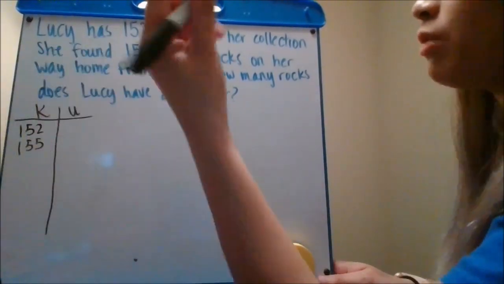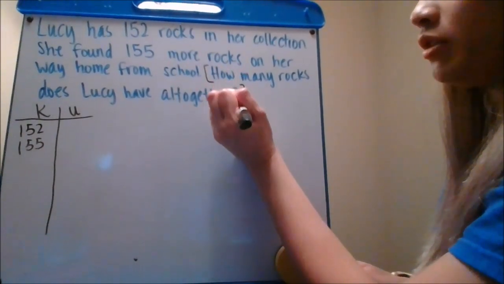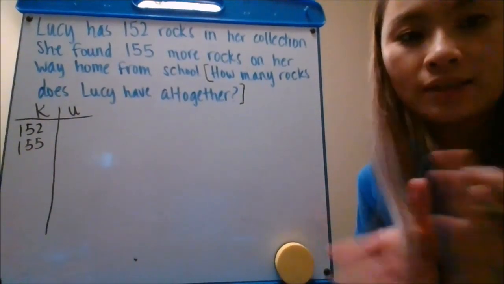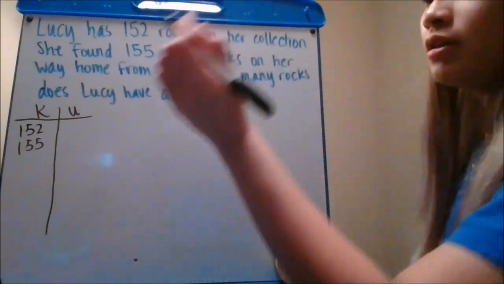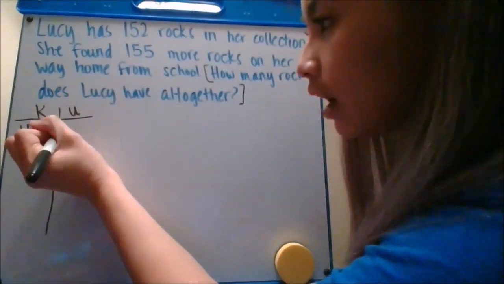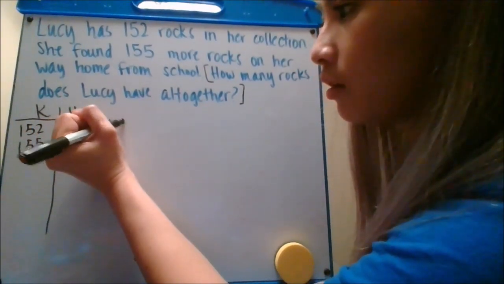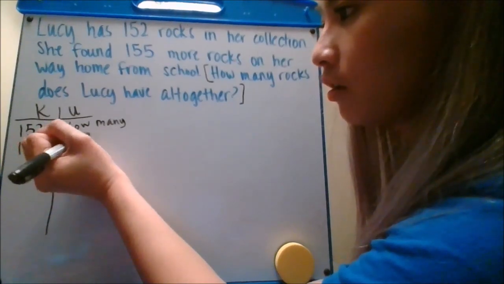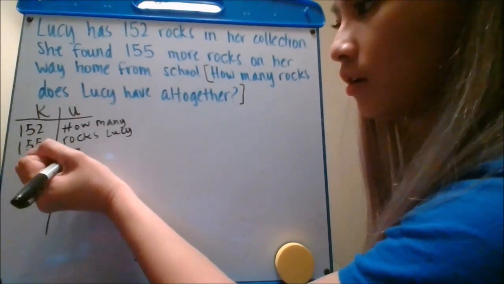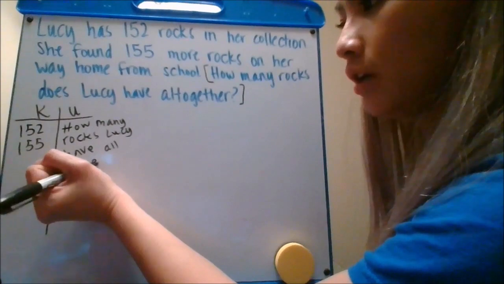So the unknown, what we're trying to find, is how many rocks does Lucy have altogether? Remember, when you see the word altogether, it means that we're going to put it together and add them up. So the unknown is, how many rocks does Lucy have altogether?